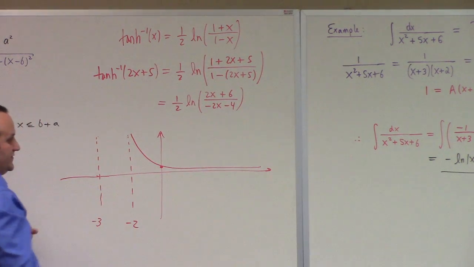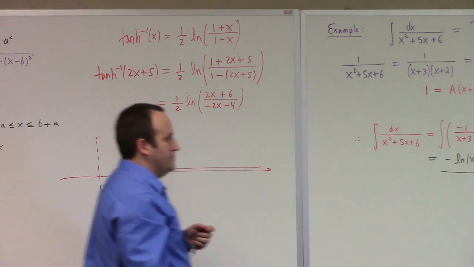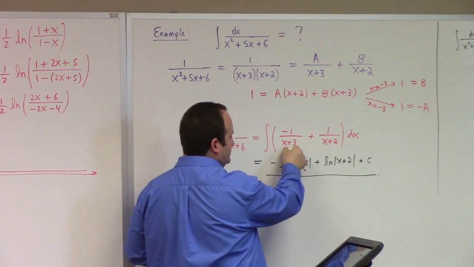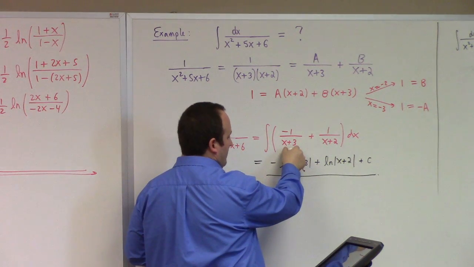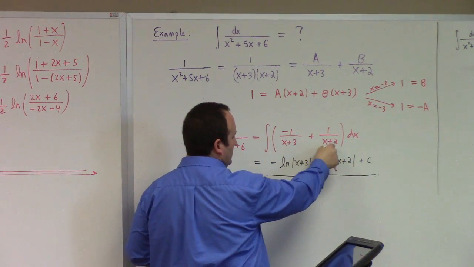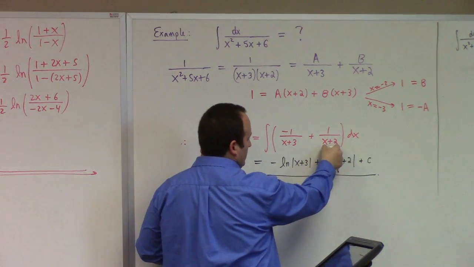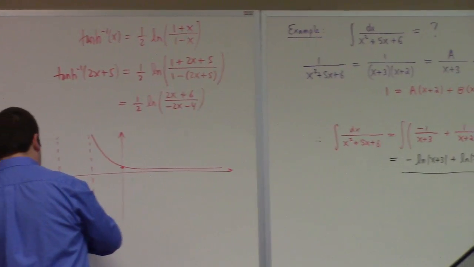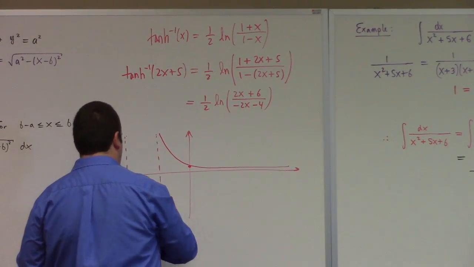If I plug in like -2.5, what do I get? I think it's negative. So unless I made a mistake, which is entirely possible, it's like this in here.